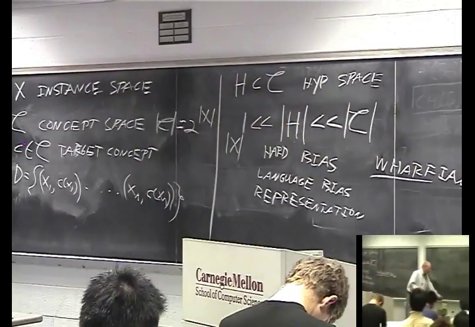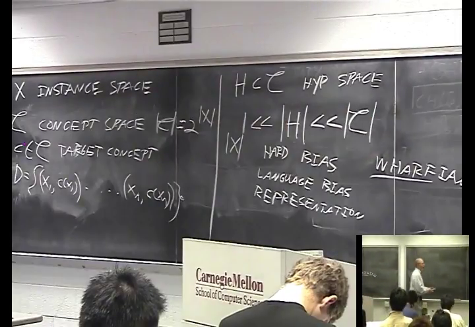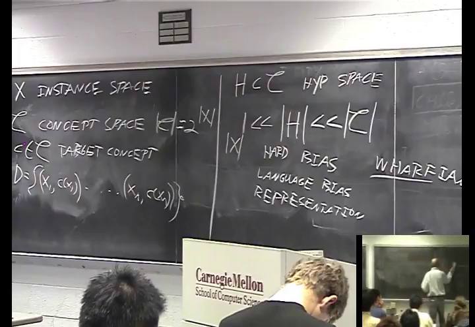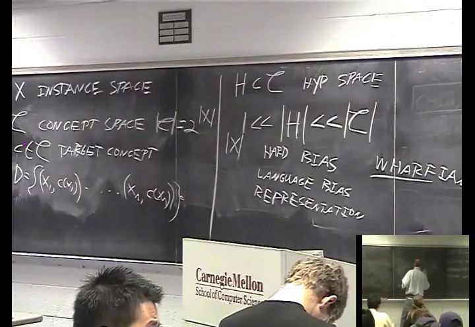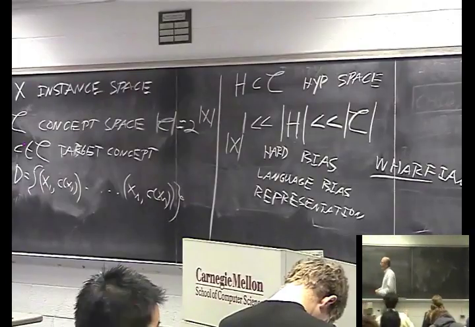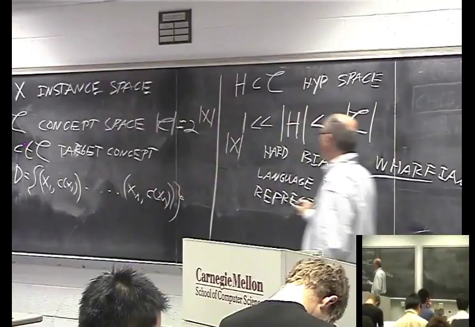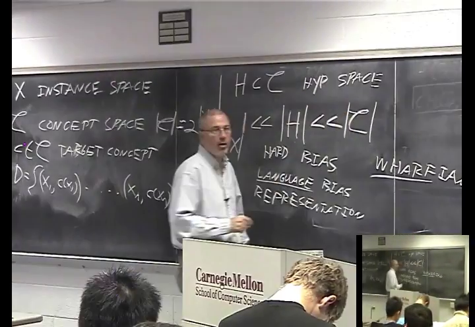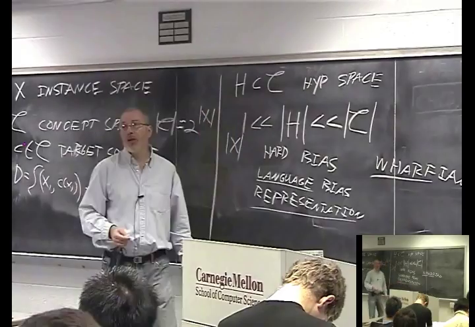Now, what are decision trees? They're actually very simple things. They are a formalism or a language or a representation for expressing concepts.